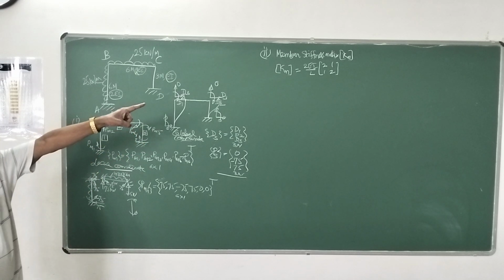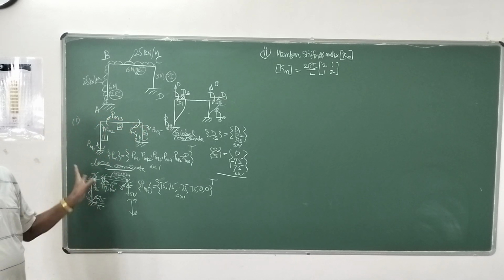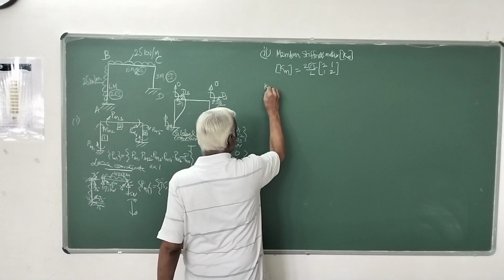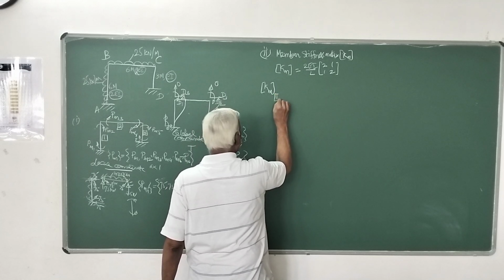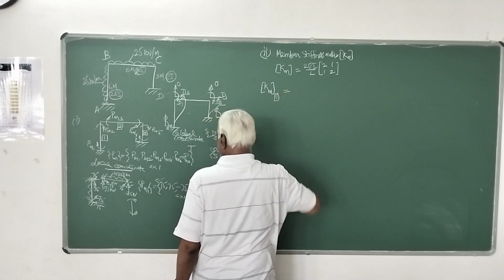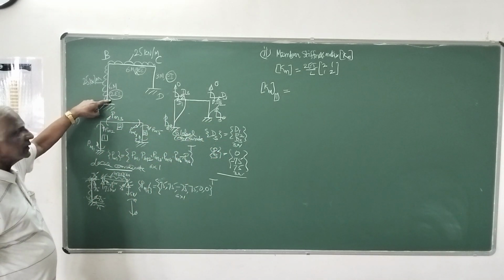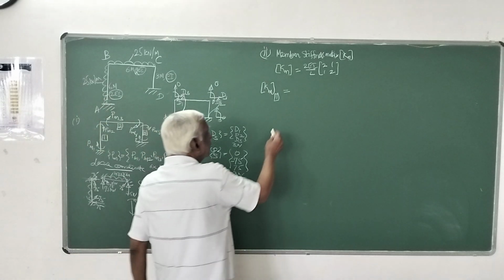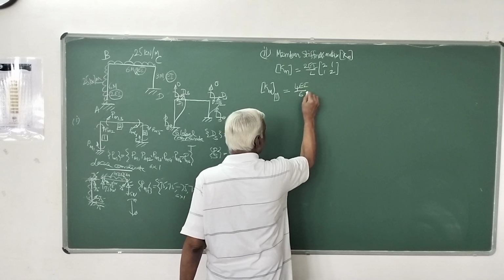Corresponding to this, it is the first row. Corresponding to this, it is the second row. Like that. So therefore, your KM1, the member stiffness matrix for element 1, is equal to 2EI by L. The EI value is 2EI, that is 2 into 2EI, it is 4EI by L. L is 6 meters.